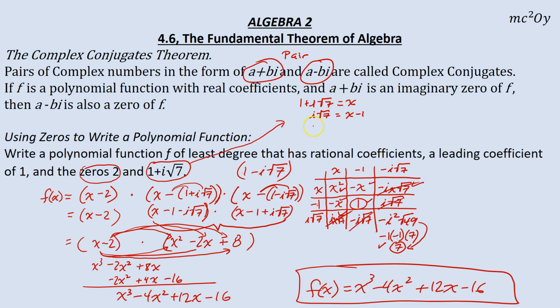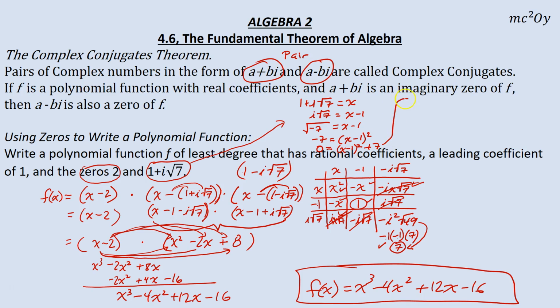I'm going to pull the i back inside here, so I'm going to have negative 7. We put the negative back in, get rid of the i. I'm going to square both sides, and then add 7 over. So I get 0 is equal to x minus 1 squared plus 7.